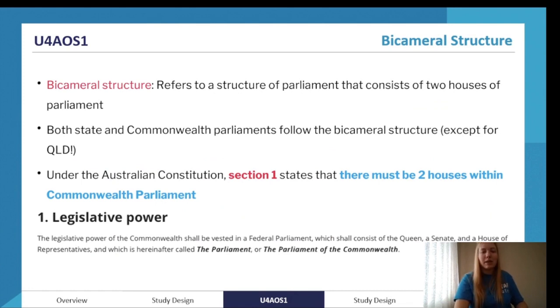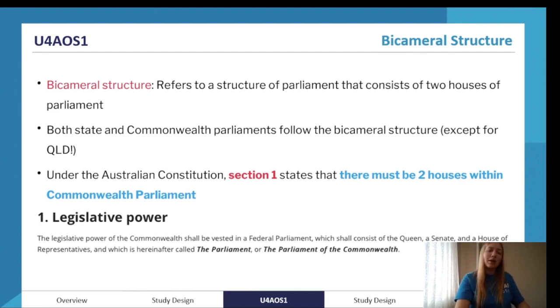So having a look at the bicameral structure. Like we established, this refers to a structure that consists of two houses of parliament. So both state and Commonwealth parliaments follow the bicameral structure. But what's key to understand, and you can say for these evaluate questions you will have for this mini area of study, is that there is a bit of a weakness, because if it's in the Constitution, it's not in state level legislation.